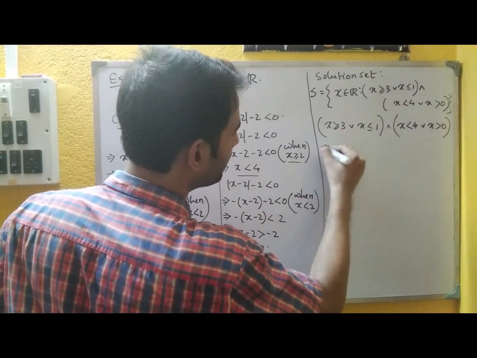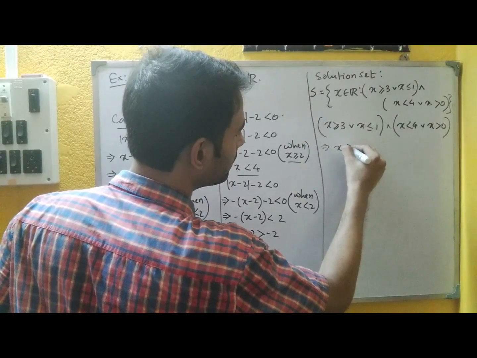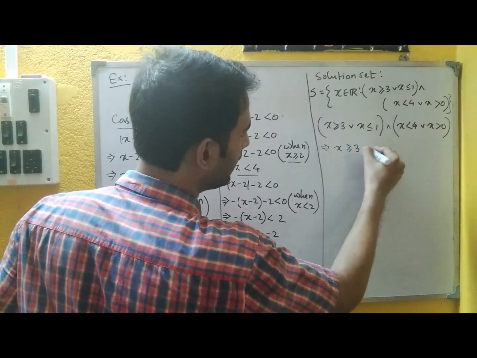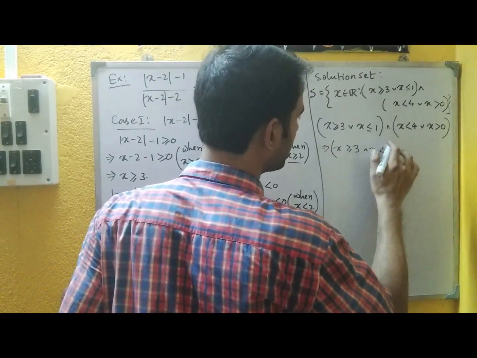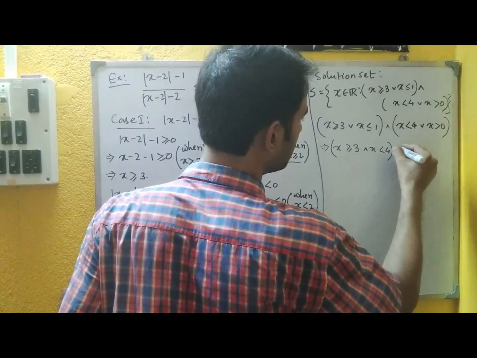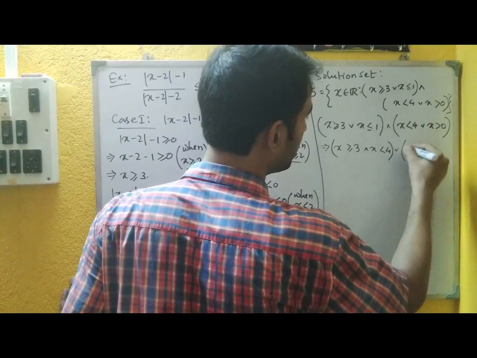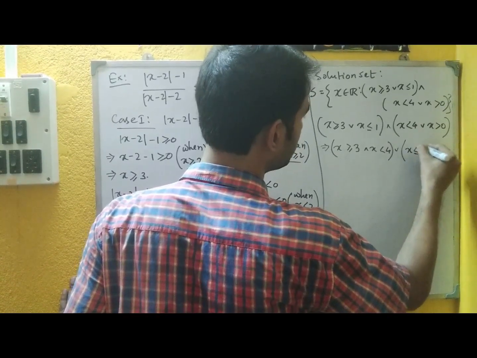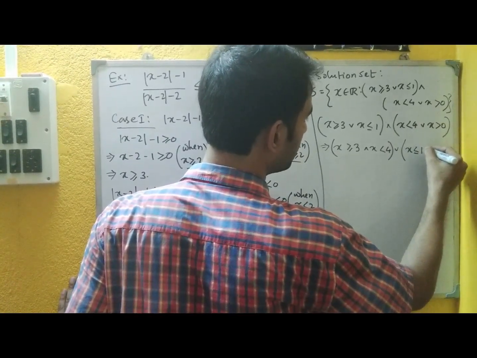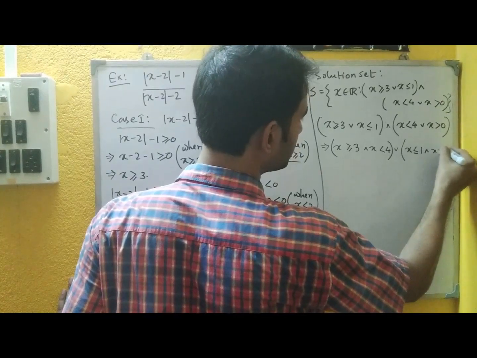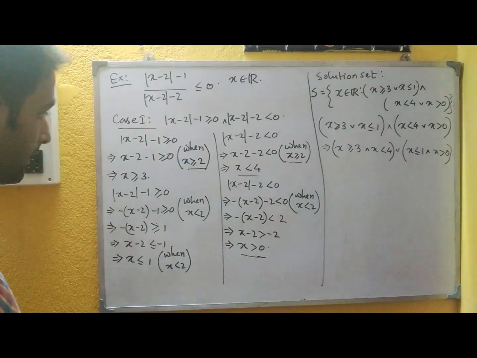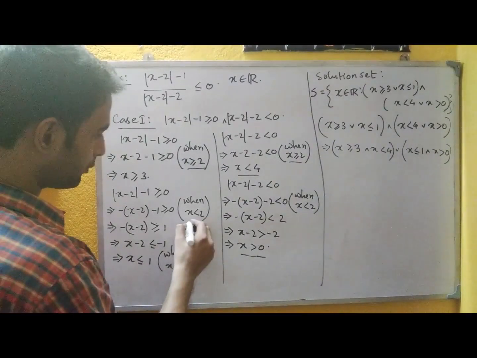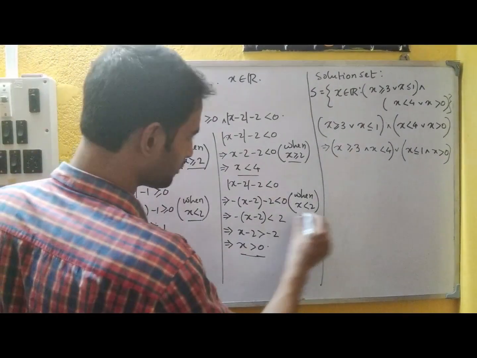So we can write it like this: x greater or equal to 3 and x less than 4, we take the OR outside, x less or equal to 1 and x greater than 0. Because we take the cases together when x is less than 2.